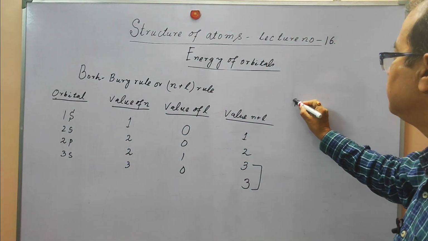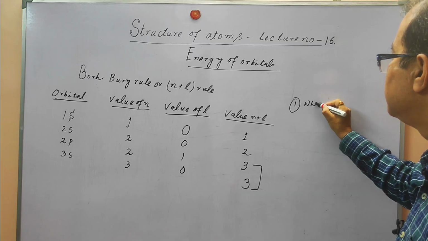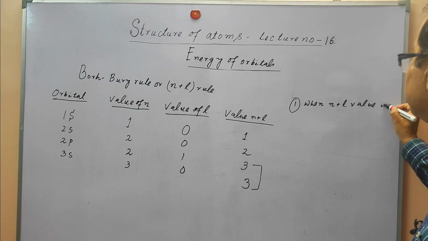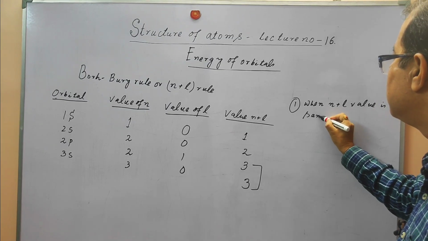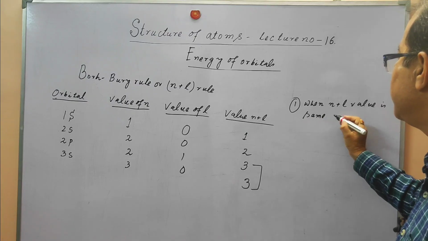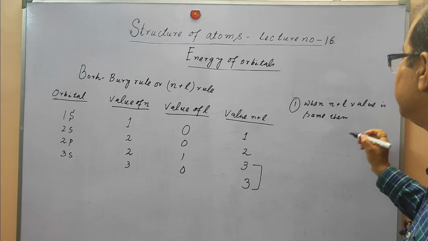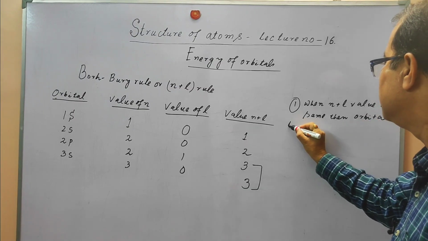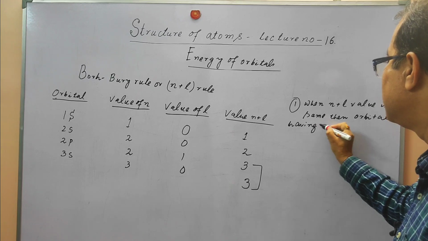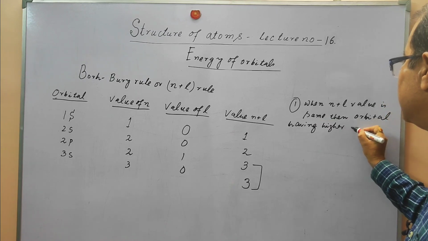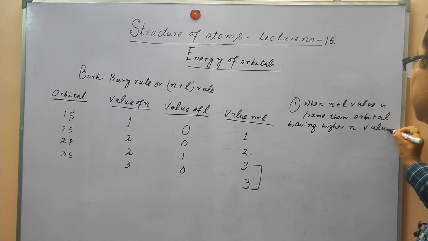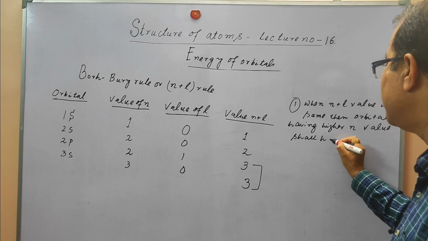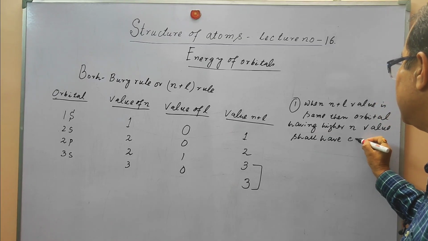So we can write the first rule: when the n plus l value is the same, then the orbital having the higher n value shall have higher energy.